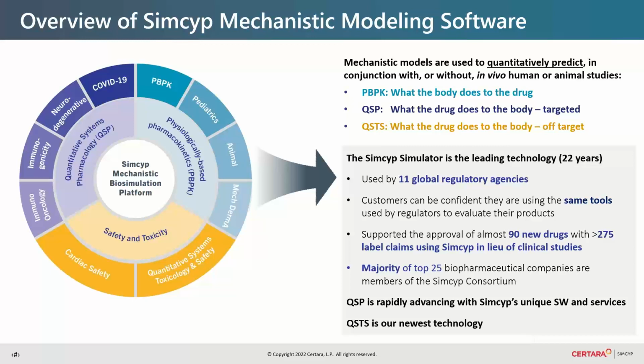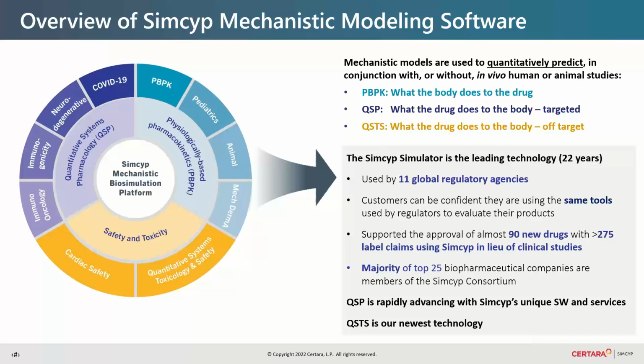Quantitative systems pharmacology is what the drug does to the body, and generally, the implication is targeted, meaning the desired effect of the drug, whereas quantitative systems toxicology is more around the off-target activity of the drug, the things that we don't really want the drug to do, but we have some platforms around that.